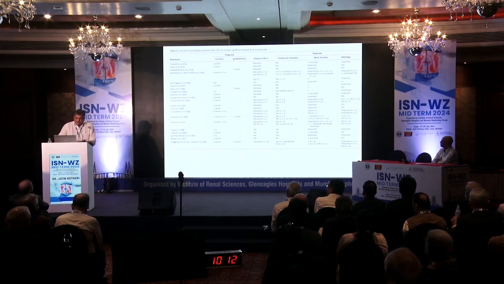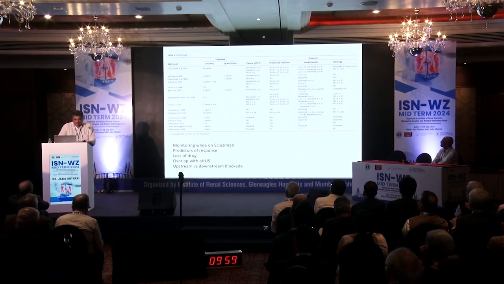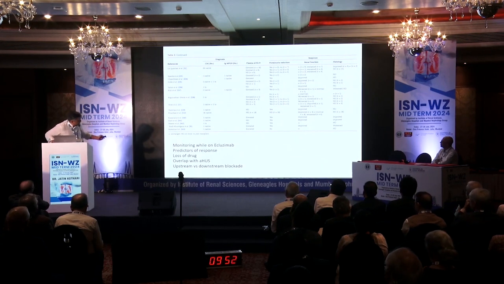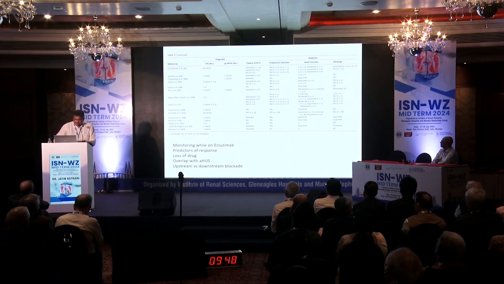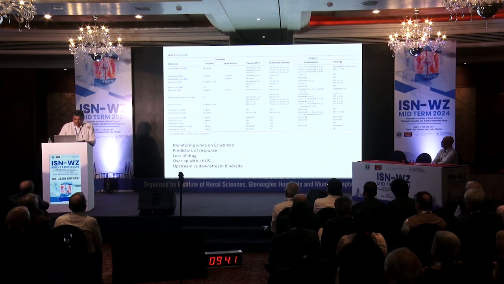Coming to eculizumab, a lot of promise 10 years back about all complement-mediated diseases being controlled by eculizumab. Unfortunately, in C3G, the promise of eculizumab has not stood the test of time. There are two big trials which looked at eculizumab in the C3G population. One was a retrospective French study, and there was the EAGLE study, which was an Italian study, randomized to try and use eculizumab in this condition, but not with much promise.